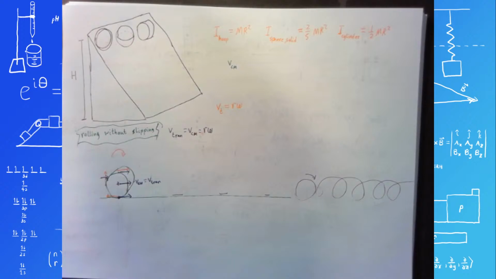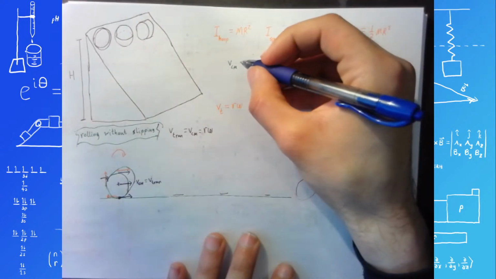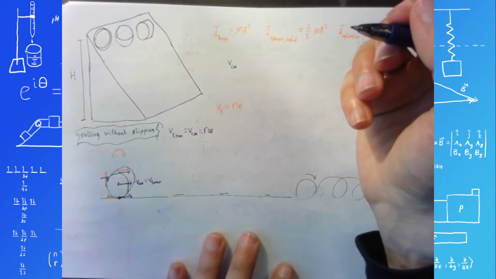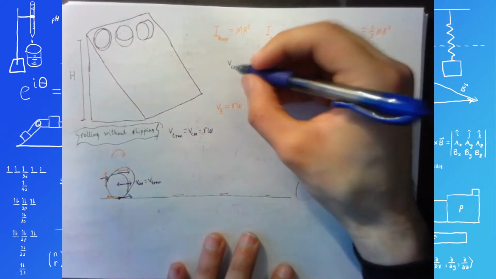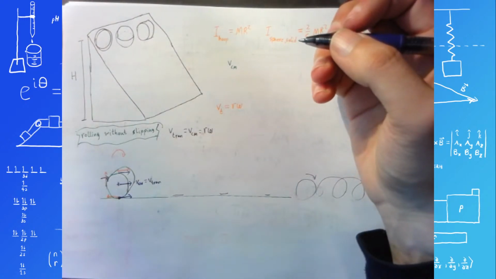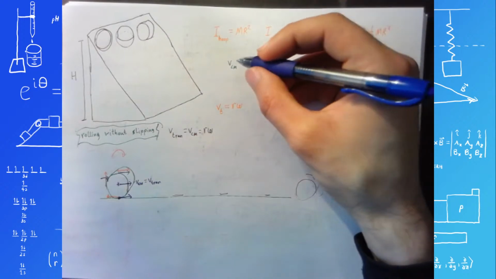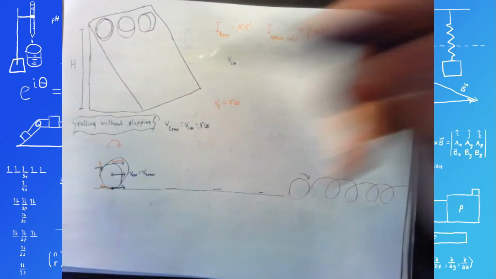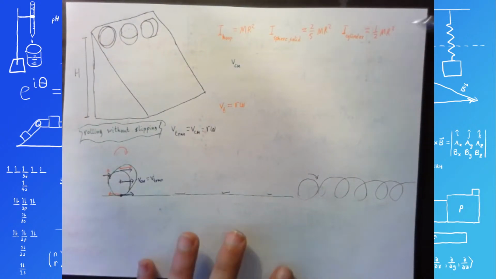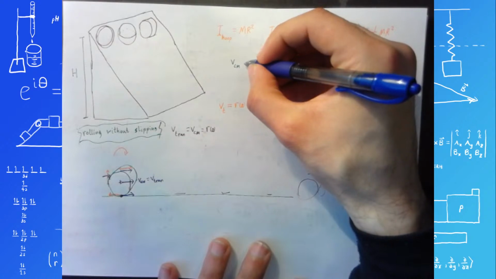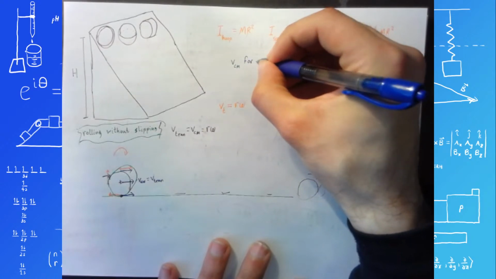Okay, now that we have that established, we can say, well, the V center of mass, why did I write this here? I'm trying to go backwards in my mind and figure out what I was going to do here before we went on this rolling without slipping detour. I think it was compare V CM for each object.